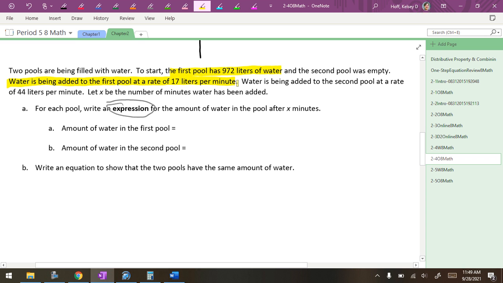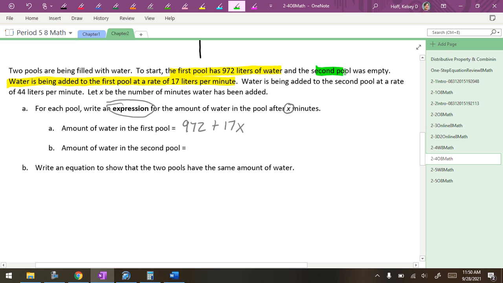Who can tell me mathematically how I would write that? Gavin. 972 plus 17x. Careful. 17x. Thoughts? Starts with 972. He says that water is going up 17 liters per minute. Nicely done.